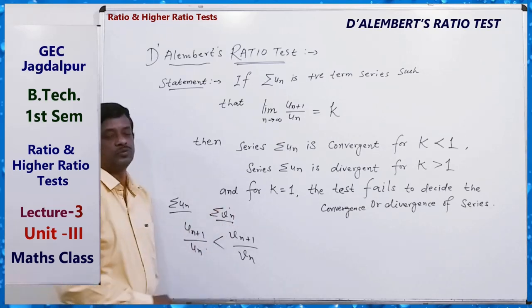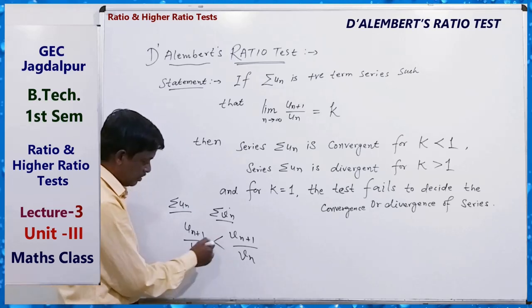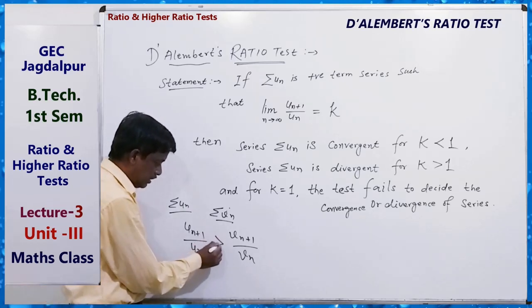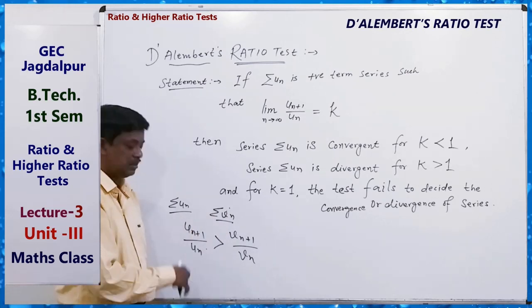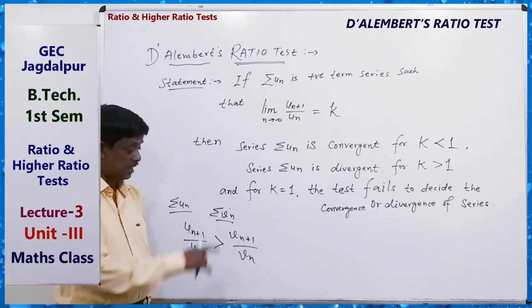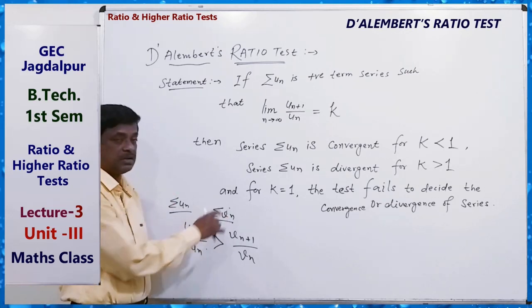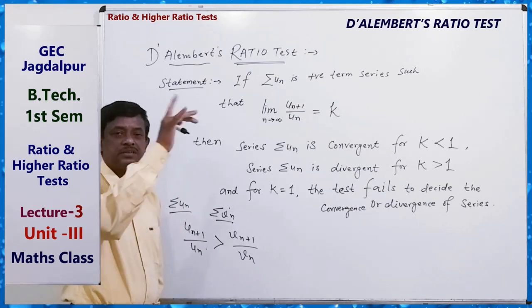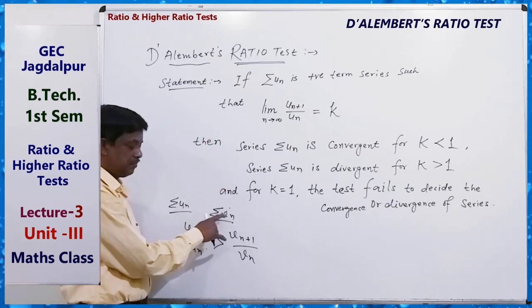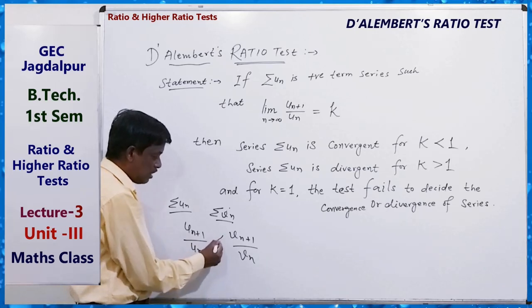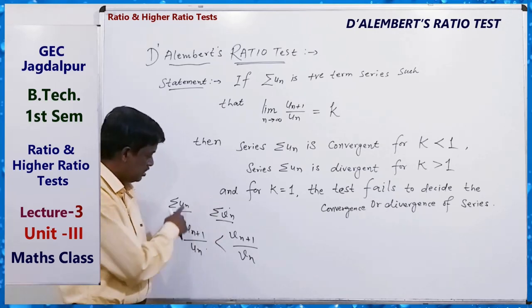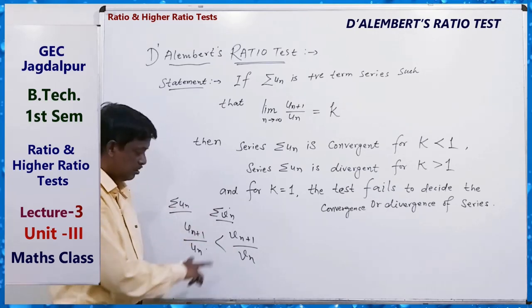If the inequality is greater than and Vn is divergent, then this series is divergent. This is a helping series because its convergence or divergence can be found easily by a basic test.